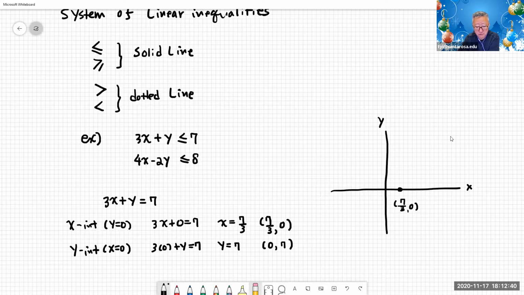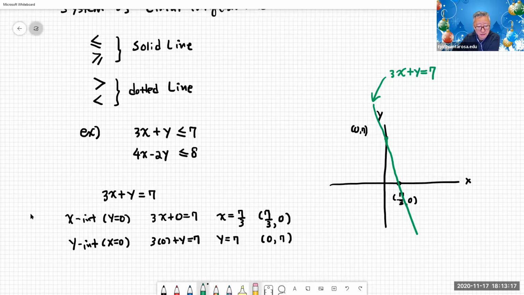The other one, the y-intercept, is going to be 7. So that's going to be way up here. So 0 and 7 here. Now, since we have less than or equal to 7, less than or equal to means a solid line, right? So I'm going to use the green one. Okay. So this green line over here is representing 3x plus y equals 7.